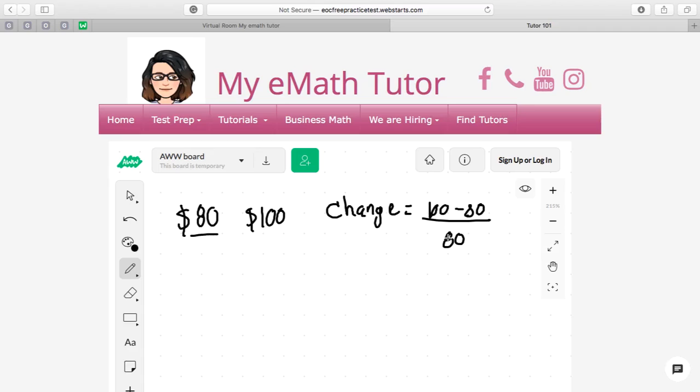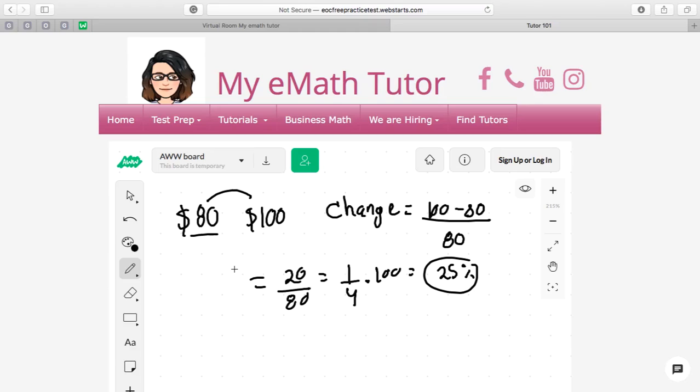So the original is 80. The change is 20 over 80, which simplifies to 1/4, and 1/4 times 100 is equal to 25%. That means your stock went up 25%.